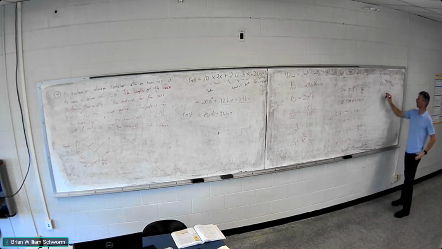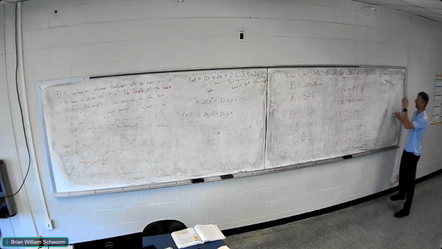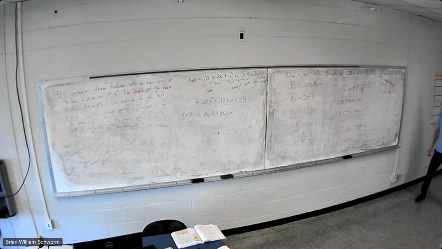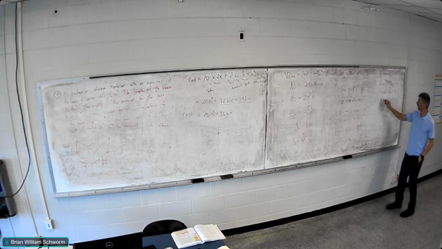X squared times 40x makes 40x cubed. Minus 180 is all that's left there. Equals 0. Add 180. Divide by 40.